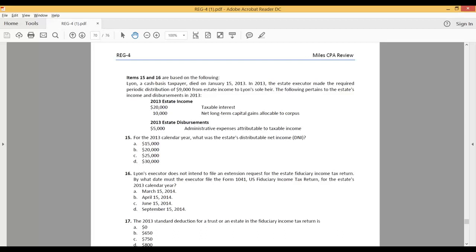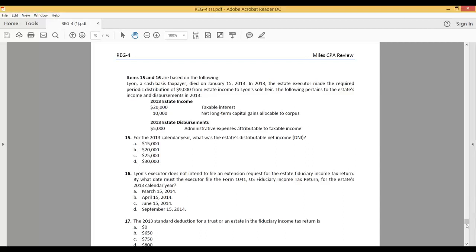For trusts, it's basically always calendar year. So if it's a calendar year, then what is the due date? 9 months is for the 706. But this is the estate income tax return, which is basically a Form 1041. This is the same as the individual deadline, April 15th. Again, this is a question that may not be any more relevant because AICPA specifically said that they're not going to test the due dates.